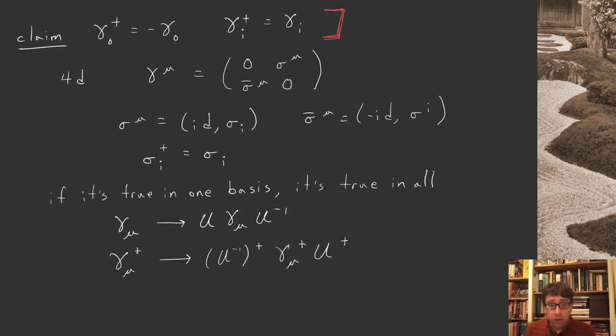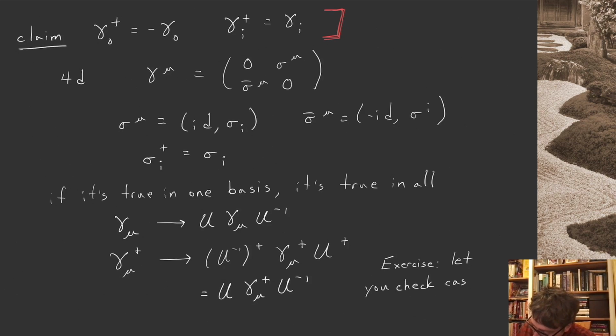But for unitary matrices, the Hermitian conjugate is the inverse, so I can write this as U gamma mu Hermitian conjugate U inverse. From that, it's clear, because the sign I can just move through the unitary matrices. I'll let you, as an exercise, check the case for general dimension D. All right, so that's how we do this Hermitian conjugation.